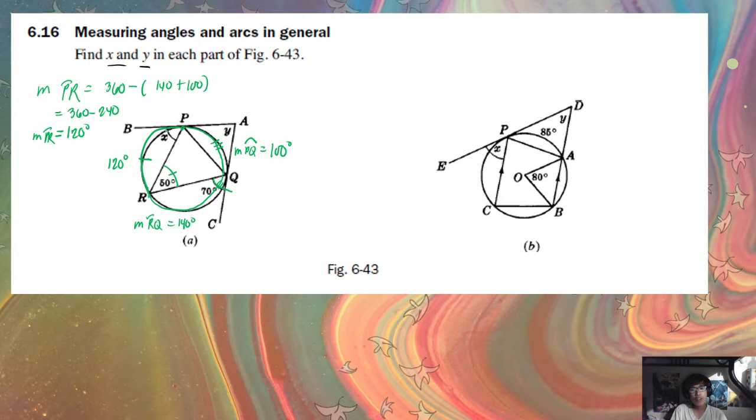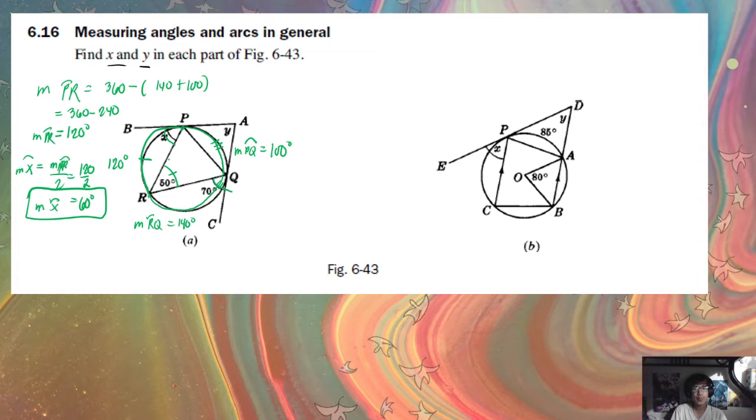And since we want to find the value of x, that's just going to be half. The measurement of angle x is just going to be half the measurement of arc PR. So we have arc PR over 2, which is 120 divided by 2, which is equal to 60 degrees. There we go. So therefore the measurement of x is just 60 degrees.